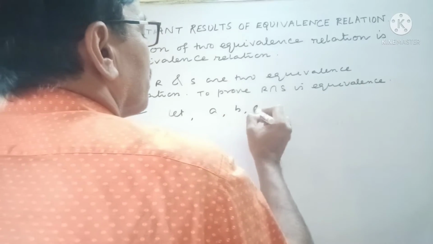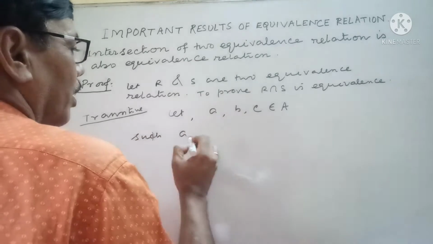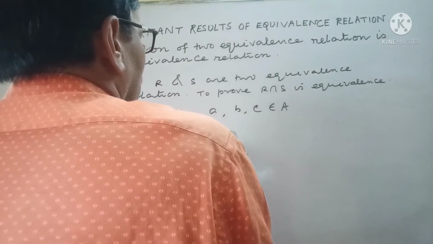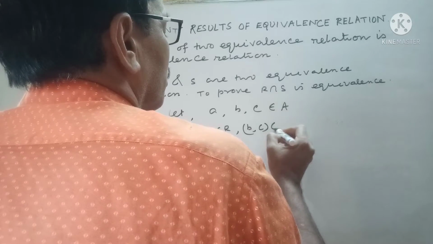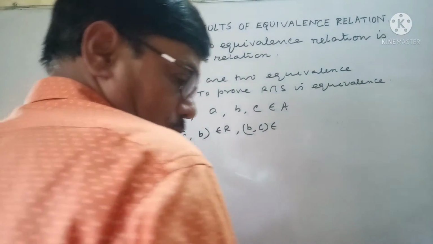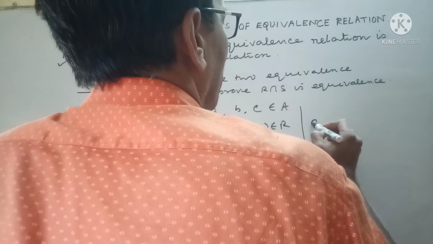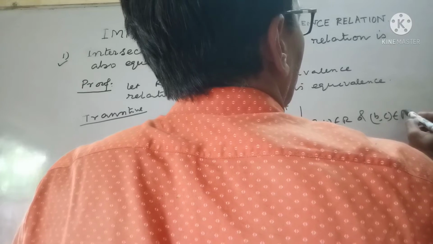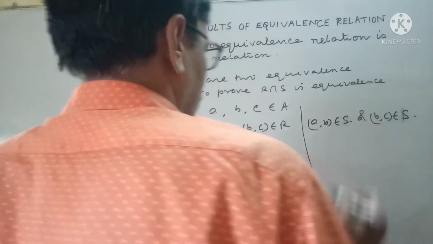Let a, b, c belong to A such that (a, b) belongs to R, (b, c) belongs to R, and (a, b) belongs to S and (b, c) belongs to S.